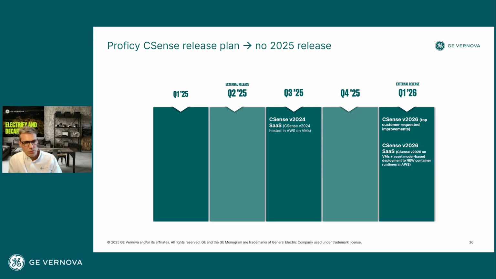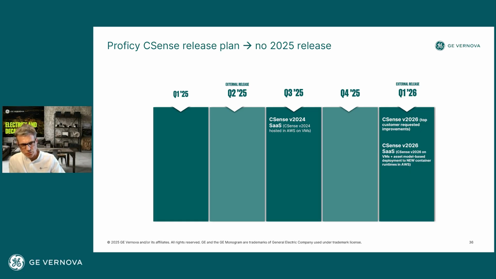What we are planning to do, though, is in this Q3, in the next quarter or so, make a SaaS version, a GE-hosted software as a service version of CSense, available in AWS. So if you want GE to host CSense for you and you don't want to think about IT infrastructure, then you will be able to subscribe to CSense as GE hosted, but that will only be available with our SaaS historian, Proficy historian.